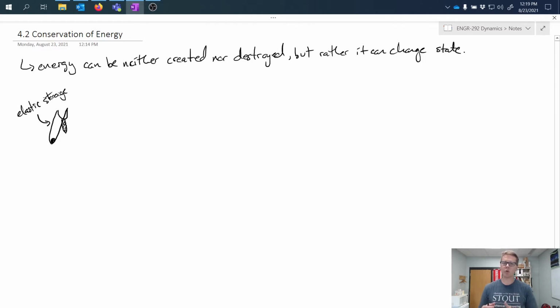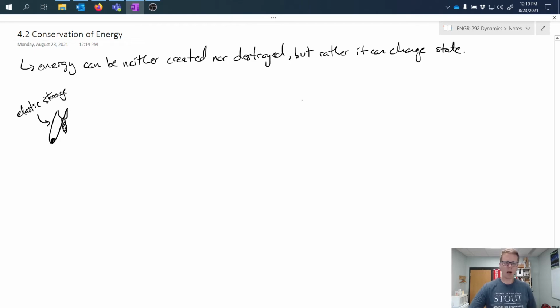So energy is stored in the deformation, the stretch of the rubber portion of the slingshot, the elastic portion. And if we knew more about the properties of that material and how much it was being pulled back, we could calculate how much energy is being stored there.